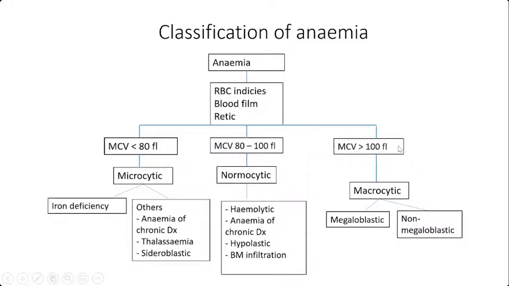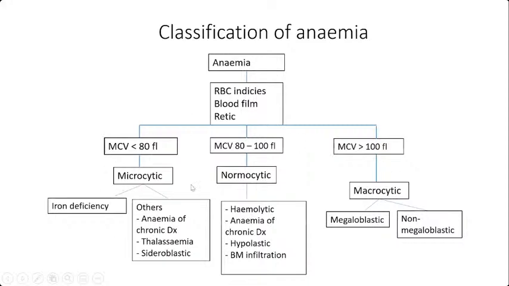Then when you have a high mean corpuscular volume, it tells you that it's either a megaloblastic anemia or a non-megaloblastic anemia, okay? So by doing our preliminary tests, we are able to come to some fairly good idea, because our blood film will also, if it shows us sickle cells, then we'll know, oh yes, this is now sickle cell anemia, etc., which is most likely.